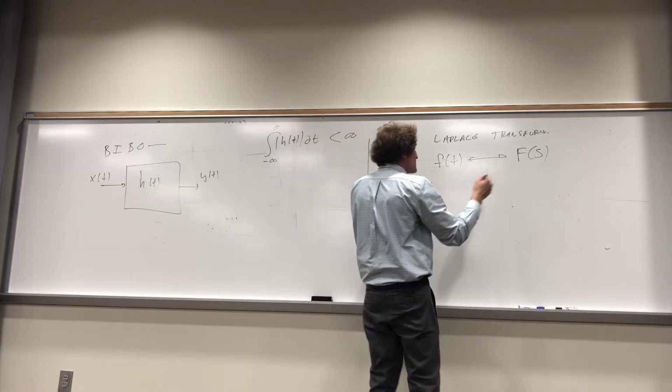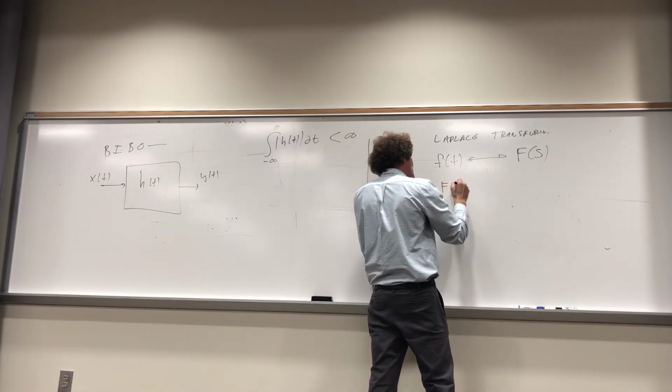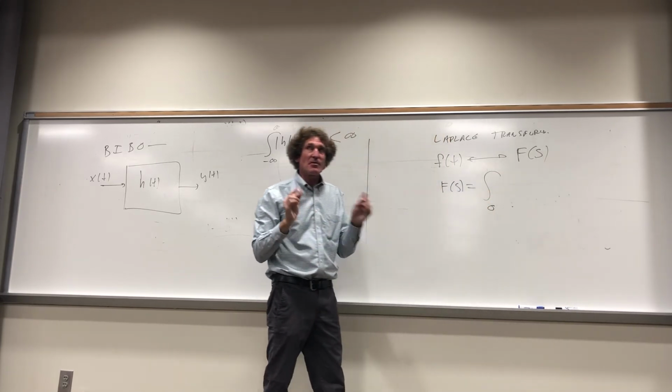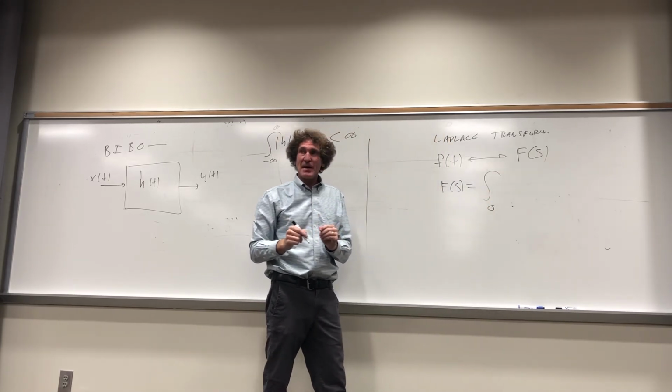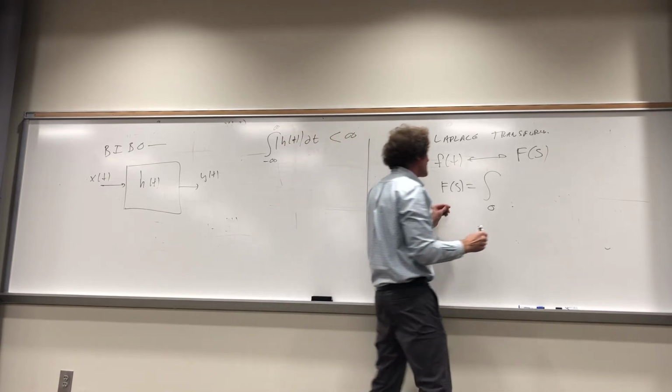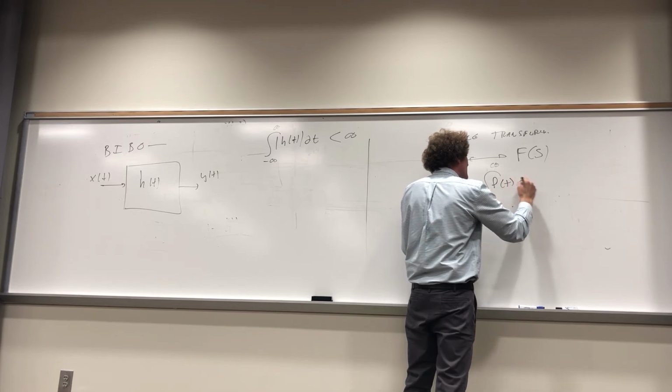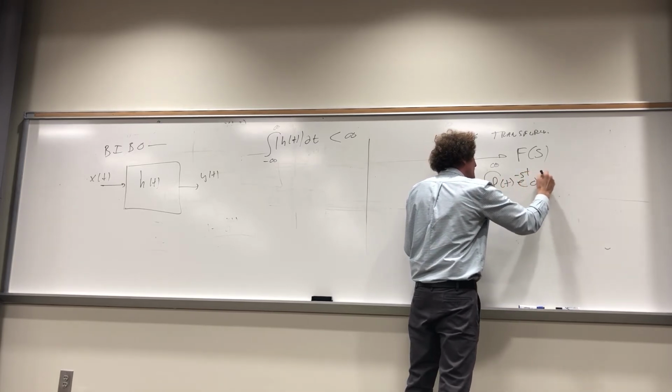This relationship is gotten by saying f of s is equal to the integral from 0, remember, it starts at 0, not at minus infinity, unlike the Fourier transform, to infinity of f of t times e to the minus st dt.